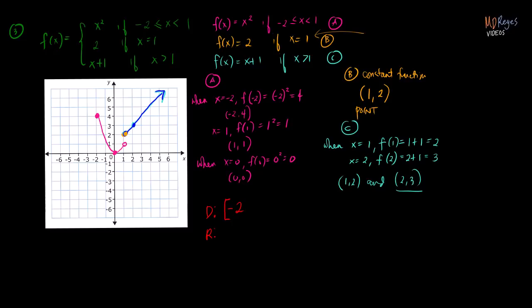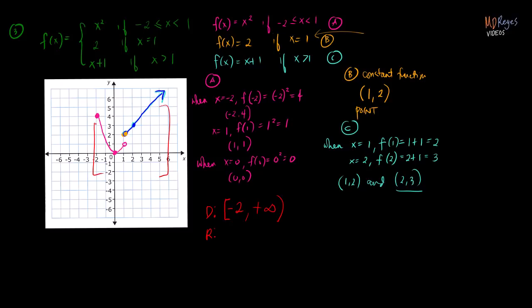And the rightmost point we don't know because of this arrowhead. It goes all the way to the right, so we go up to positive infinity. And in between -2 and positive infinity, look at the graph.